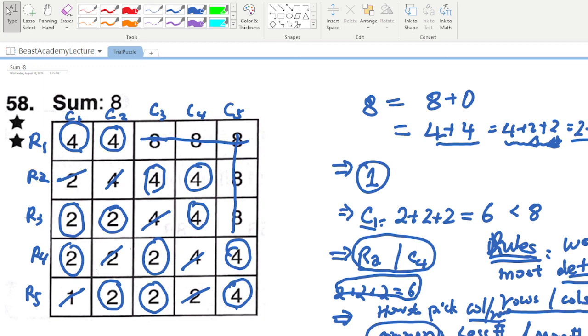Then we start with the first column and the last row. What we are using is reverse thinking. If we don't have this 4, then we only have 2 plus 2 plus 2, that's only 6, which makes it impossible. So inversely, we must include this 4 and this 4.